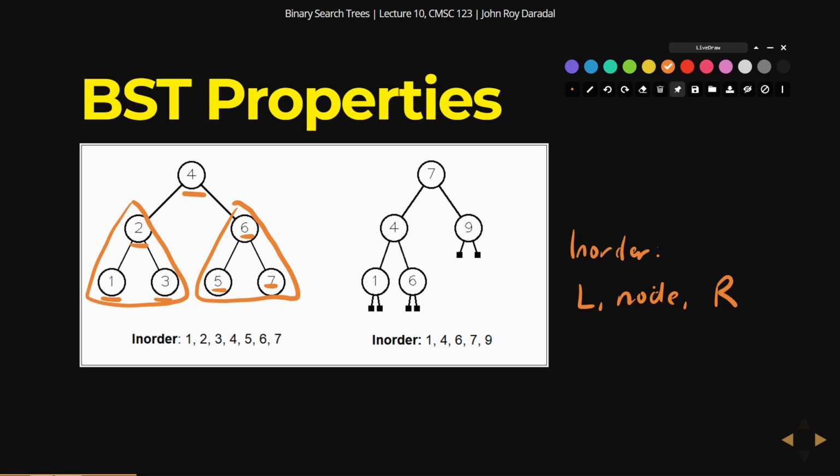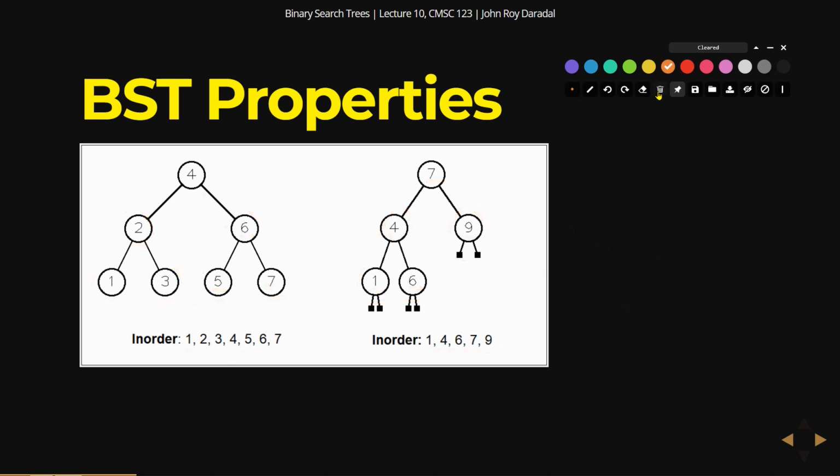Doing that here, we go to the left subtree first: left is 1, node is 4, then 6, then the middle node, which is 7, and then the right subtree, which is 9. So 1, 4, 6, 7, 9. You'll notice it's in ascending order if you visit them in the in order traversal. Those are the BST properties that you need to know.